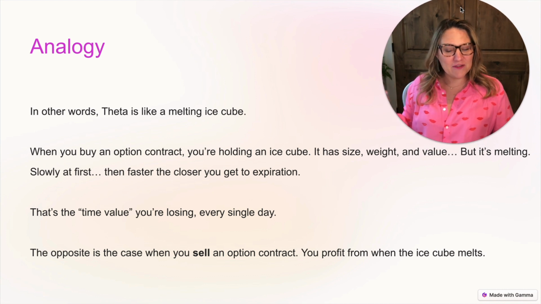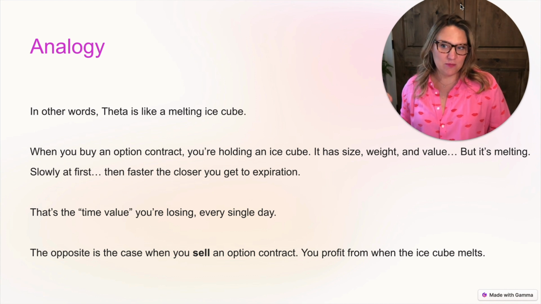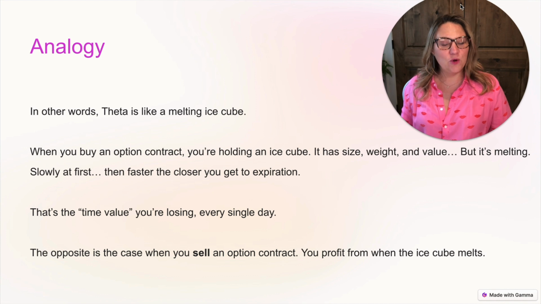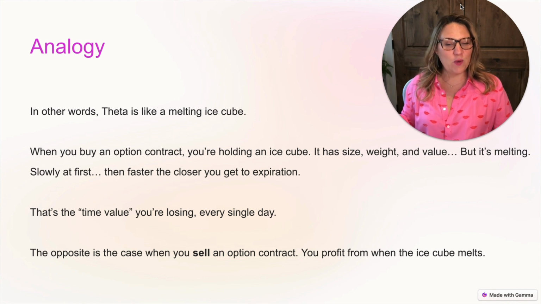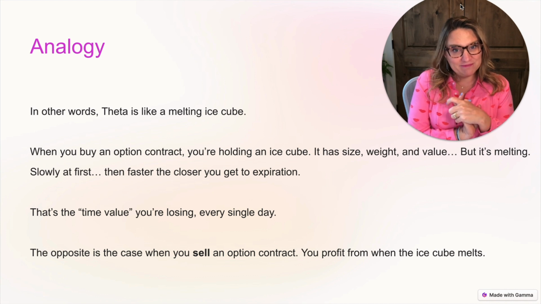Let's think of an analogy here. Theta is like a melting ice cube. When you buy an options contract, you're holding an ice cube and it has size, weight, and value, but it's melting. It melts kind of slowly at first, which is interesting about theta, and then it declines faster the closer you get to expiration.